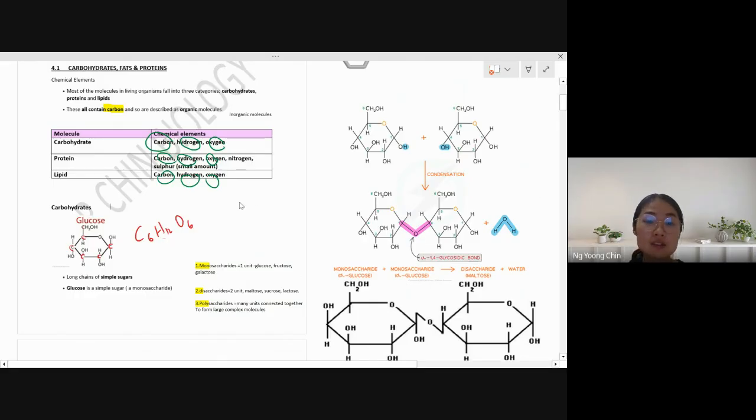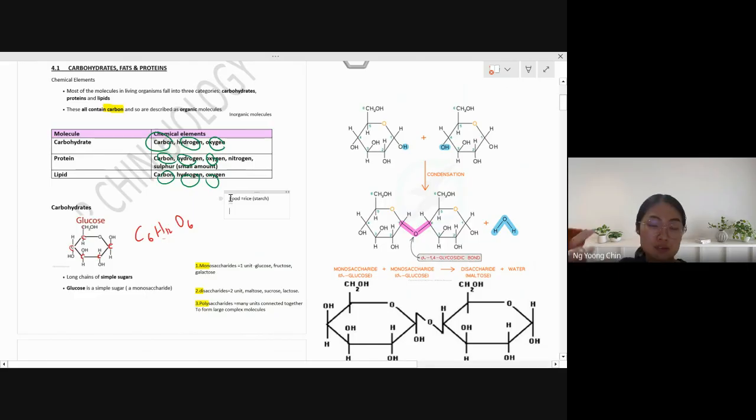Food such as rice contains what? Rice contains starch, right? Starch is found in rice. So when you eat rice, inside it contains starch, and the starch will start to undergo the digestion process.